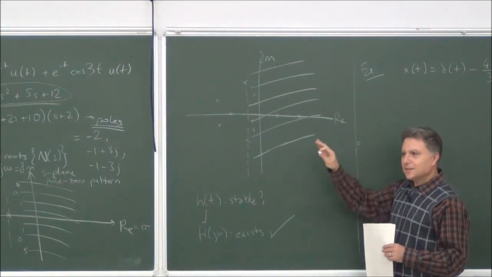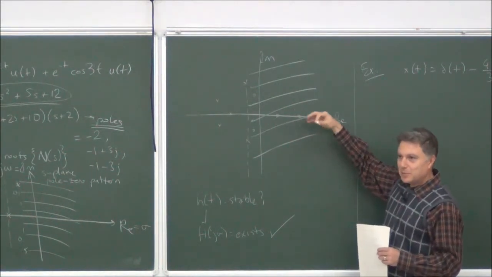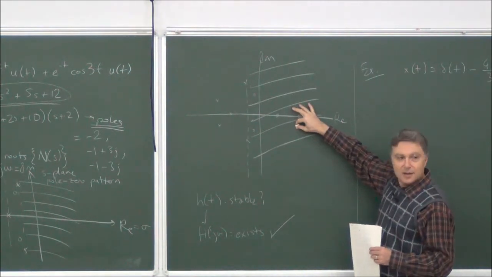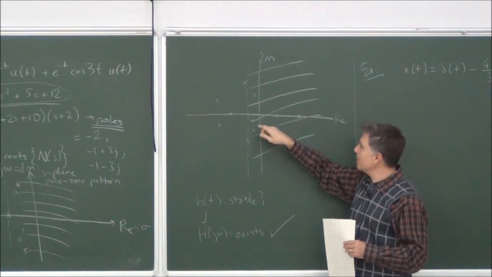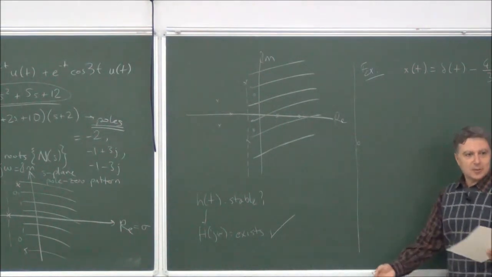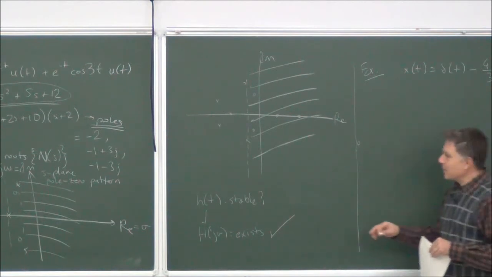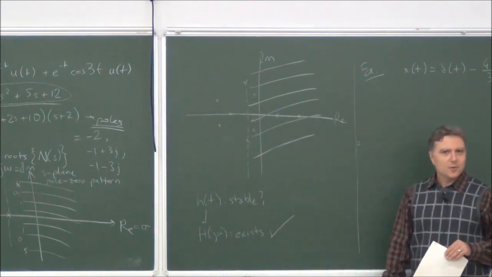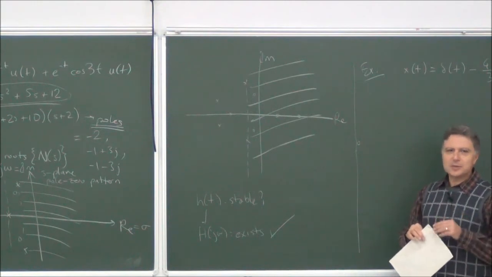If the h of t is not right-hand-sided, then it may be perfectly the case that some of the poles may be here, and the j omega axis is still in the region of convergence. Therefore, the system is stable. You can say that. But of course, physical systems are all impulse responses extending towards the right. What does that mean in terms of properties of systems?